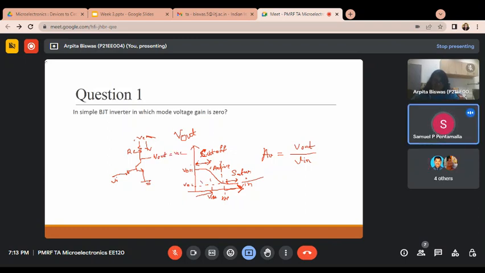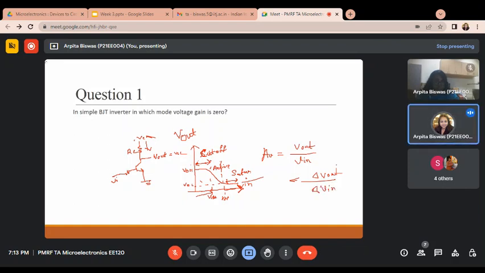So up to that point, is the output dependent on the input or not? Whatever input you are giving, is the output dependent on this input voltage, or is it constant? Constant, ma'am. It will be VCC only. It is not dependent on the V input. So the gain is del V output by del V in.